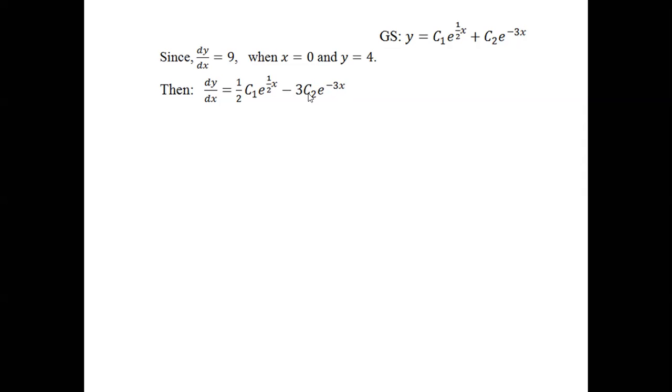So multiply everything by negative 3 and it will give you this. So this becomes the differential coefficient. So this is the one that is being equated to 9.